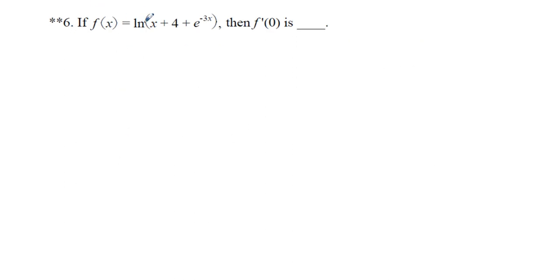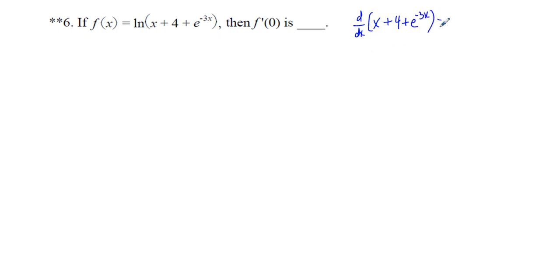6. If f of x equals natural logarithm of x plus 4 plus e to the negative 3x, then f prime of 0 is blank. Well, we want to find the derivative over the original. So we're going to find d dx of x plus 4 plus e to the negative 3x.